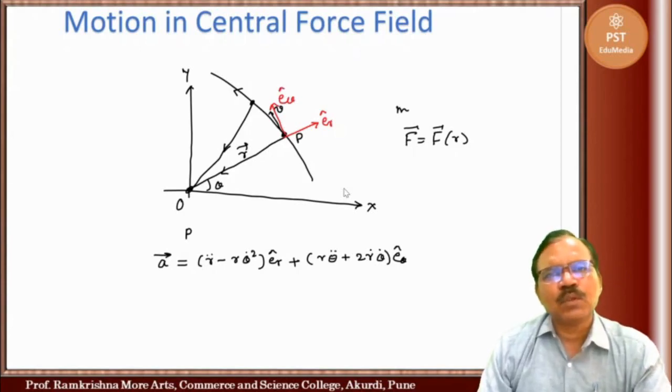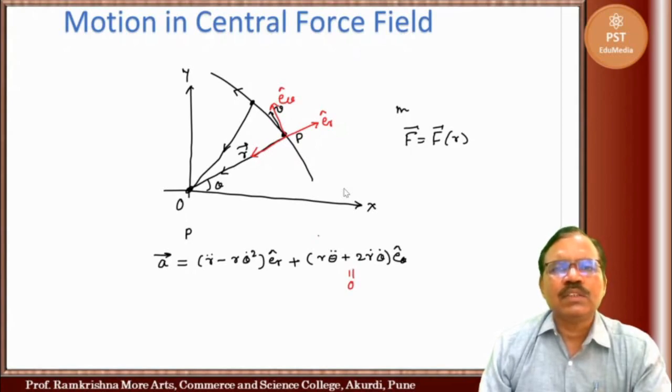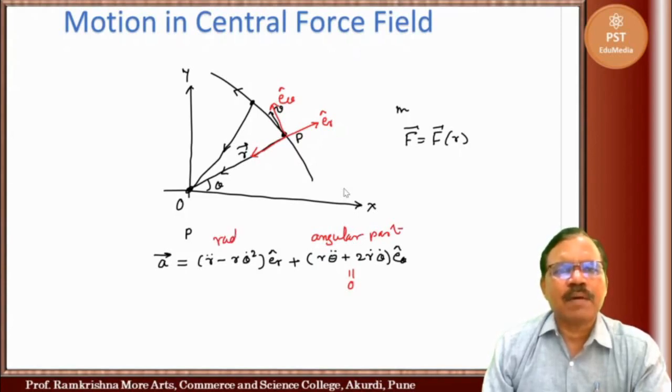In a central force field, the force is always directed towards the center, so the angular part of the acceleration will be equal to 0. This is called the angular part, and this one is called the radial part. Whatever force there is depends on r, and it is equal to mass into acceleration, m times r double dot minus r theta dot square, e_r.